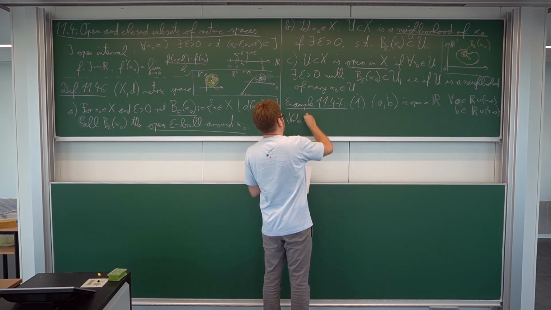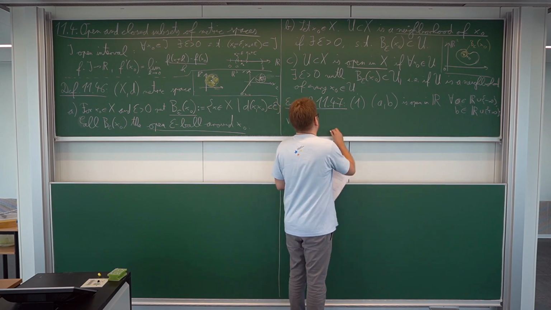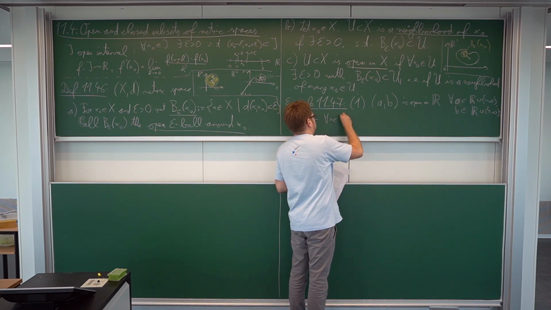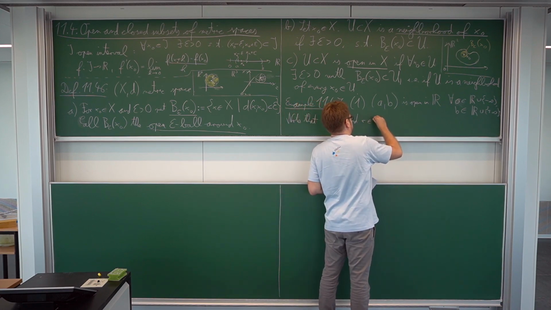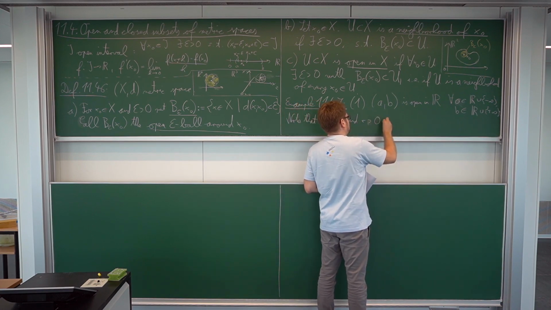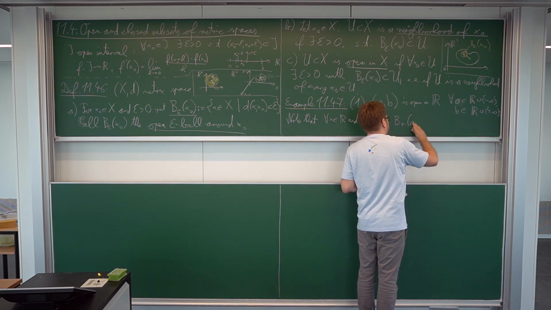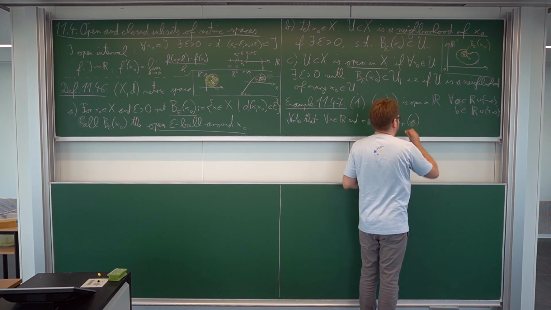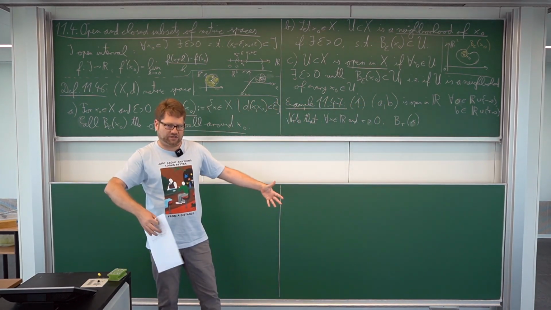First of all, to bring this formalism together with what I just did, for all x in R and r bigger than 0, we get that the open ball of radius r around x. So what is this? The Euclidean distance is just given by the absolute value.